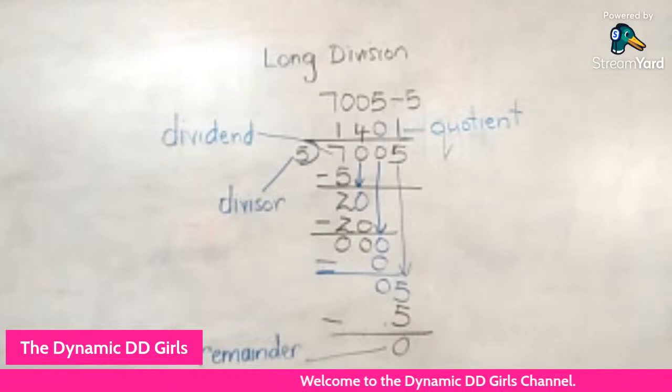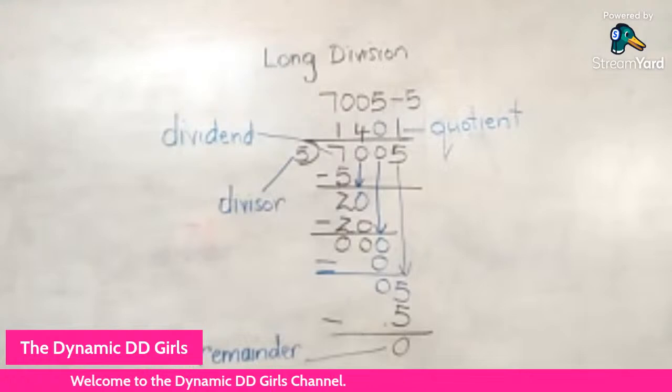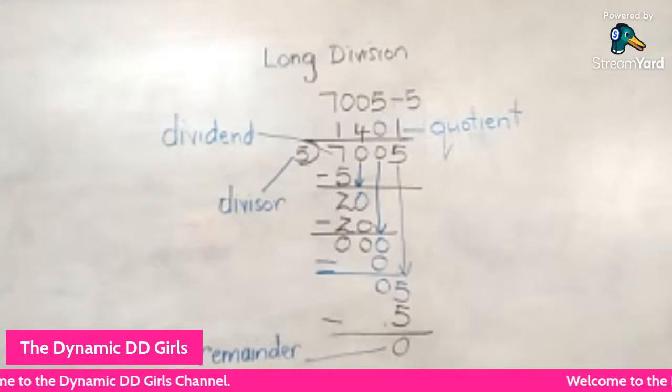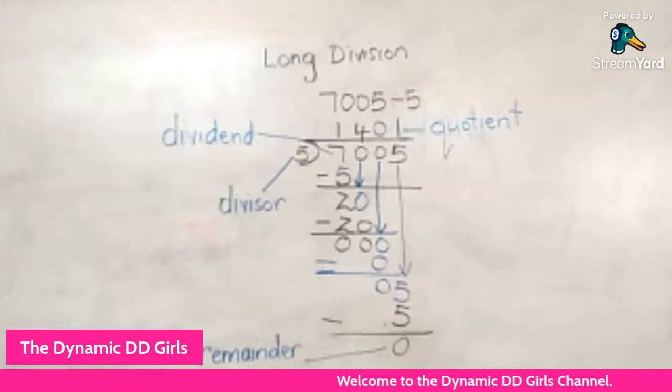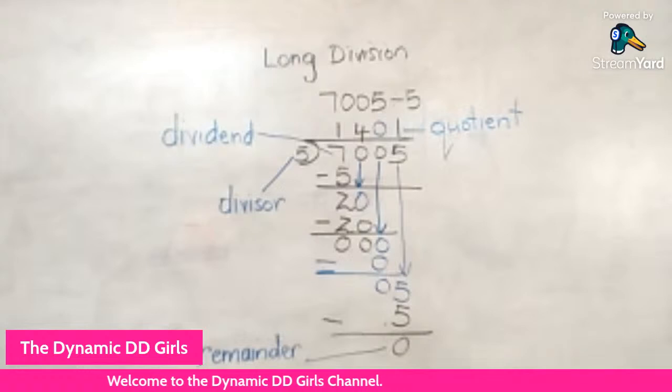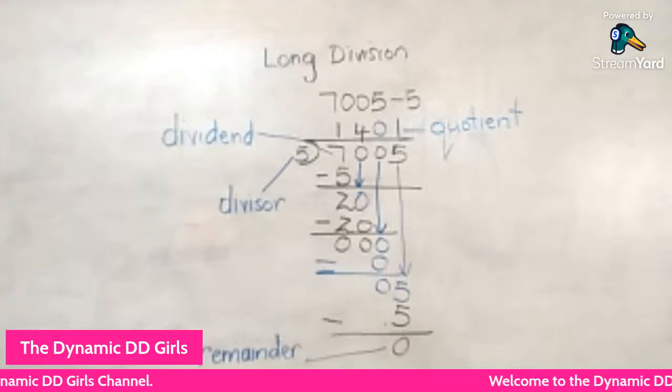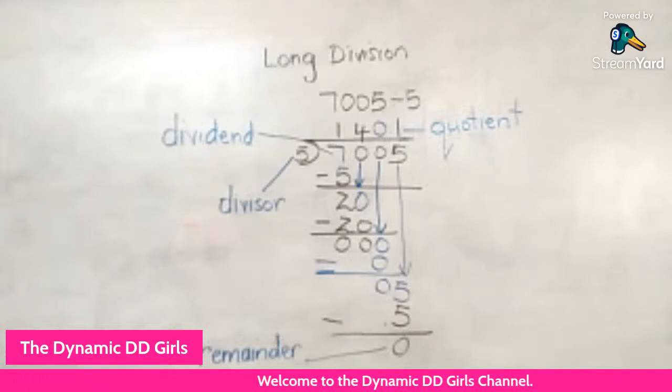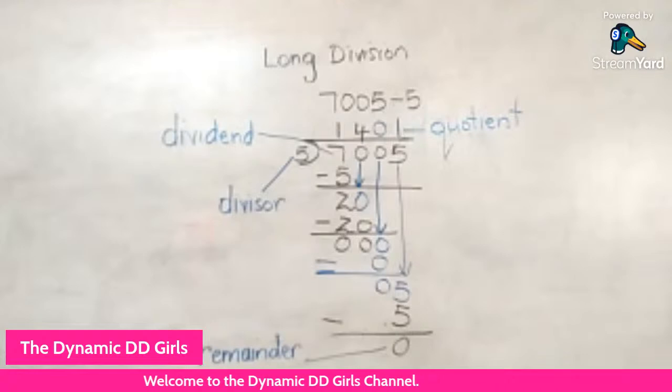And of course, your divisor is the amount of persons that you're going to share with. That's what I'm talking about if you get something to share. And of course, your remainder is if you have a number, and guess what? You are sharing, that's the amount that you have left after sharing equally among yourselves.